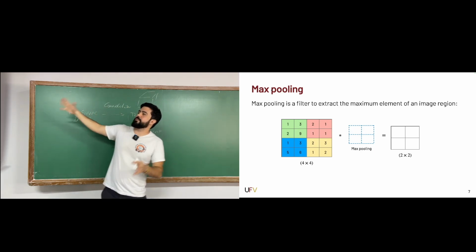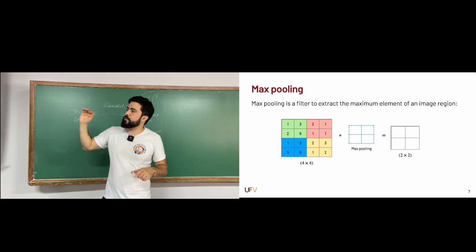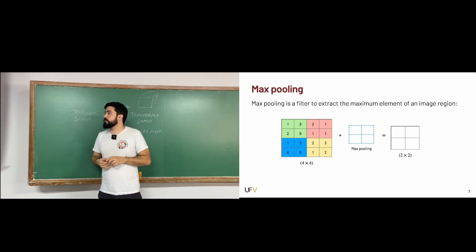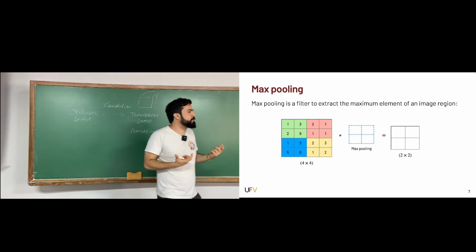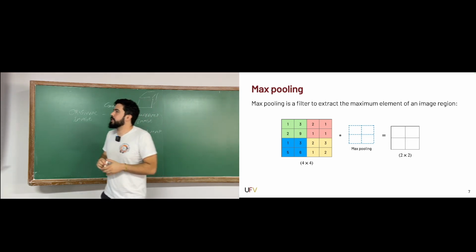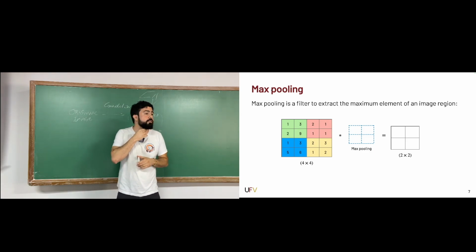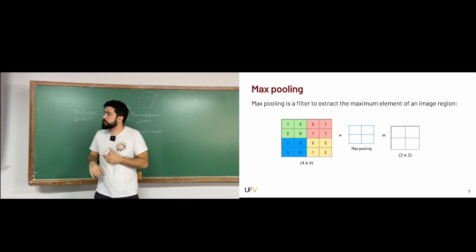It's a very basic idea. Here we have a 4x4 input image. What max pooling is going to do is, you can think of it as a filter, but it's an empty filter. It doesn't have weights in it. This is a 2x2 max pooling filter. It also has a filter size, which happens to be 2x2.